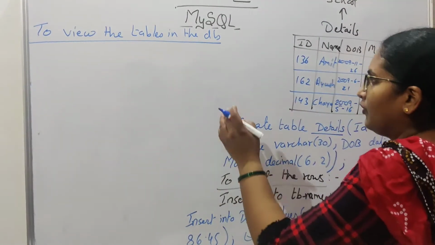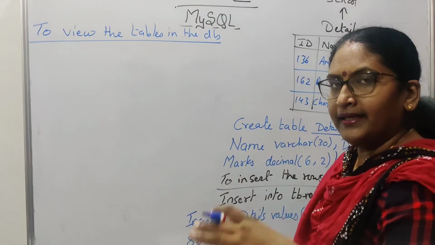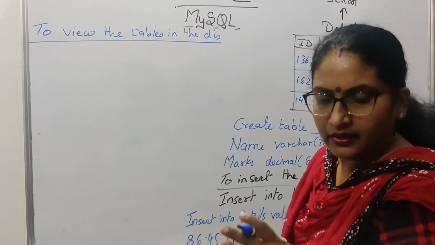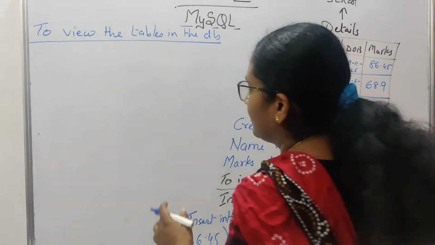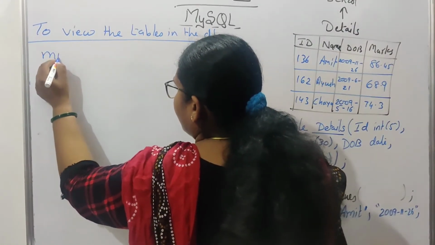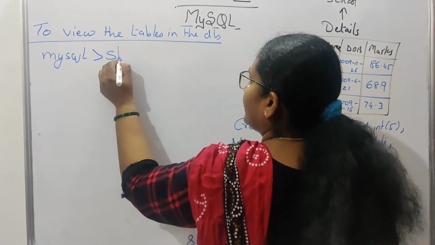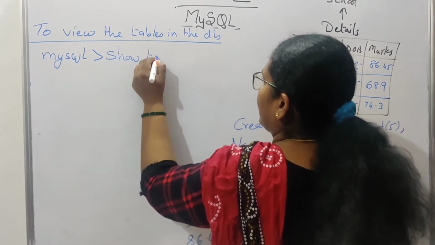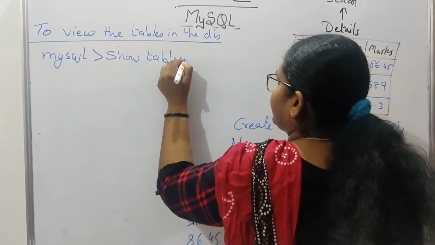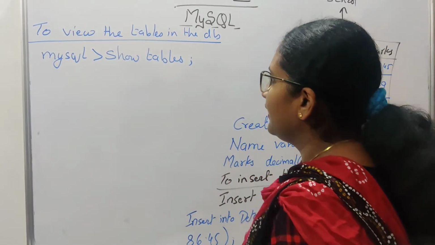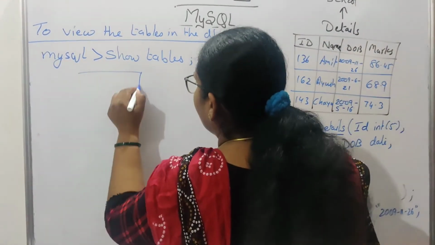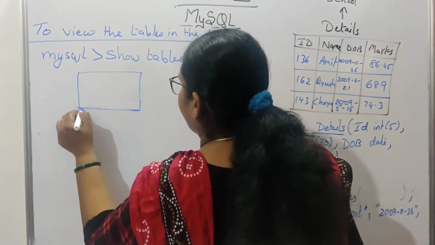So now you want to see how many tables are there in your database. At that point the MySQL prompt will be there. You have to write show tables. It will display the tables' names.